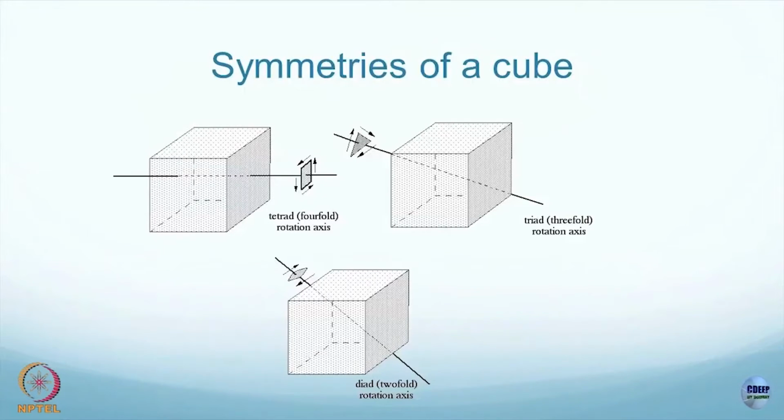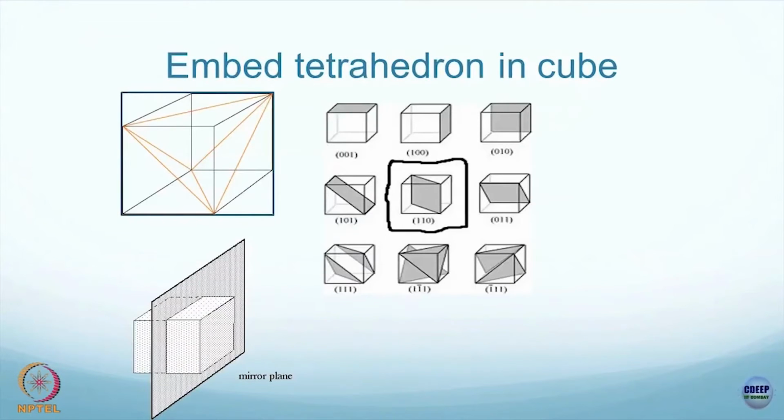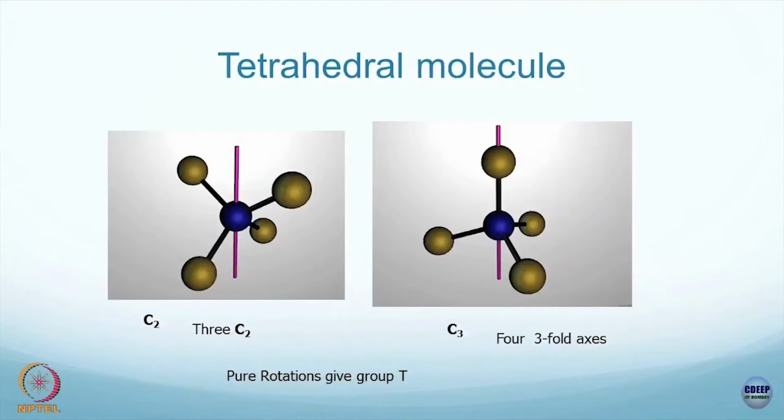Okay, so I have already told you that some molecules with cubic symmetries can be present. Some molecules can have tetrahedral symmetry, but a tetrahedron can also be seen by embedding it inside the cube. Just to give you a flavor of the tetrahedral molecule, I am taking one or two examples to motivate you. If anybody is into this, you should go and list all the molecules and look at how things are.